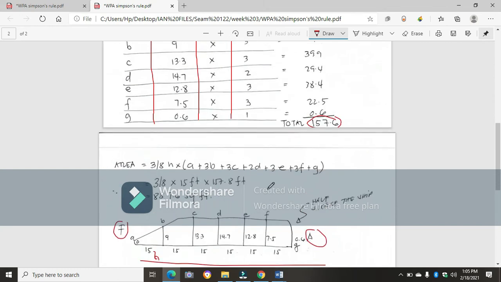Okay. So we will now use the formula of Simpson's rule number 2.